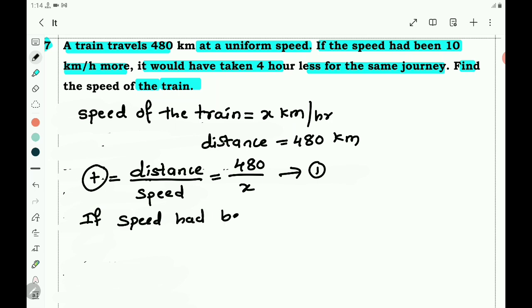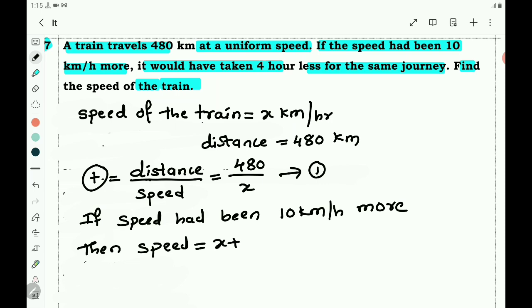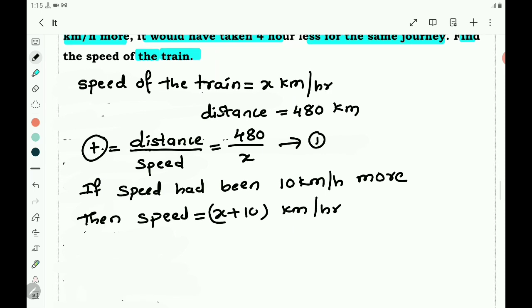Then time is again distance by speed. Distance remains the same, 480 kilometer, but the speed becomes x plus 10.